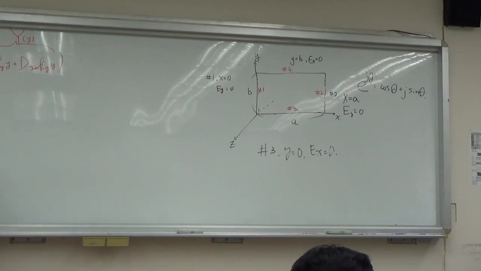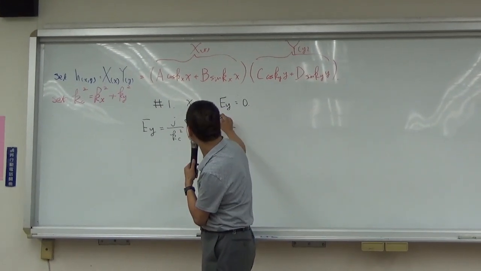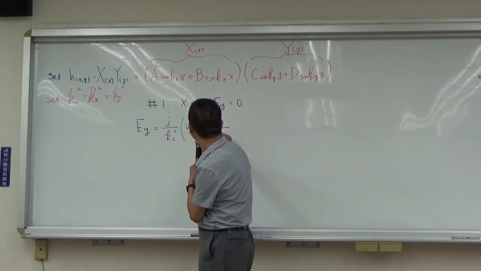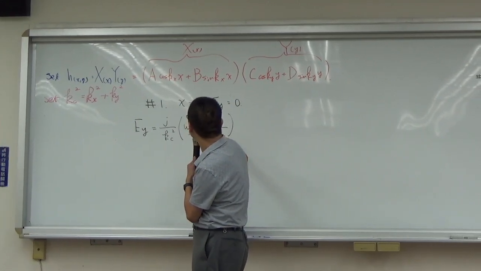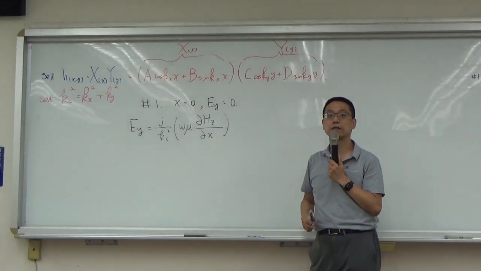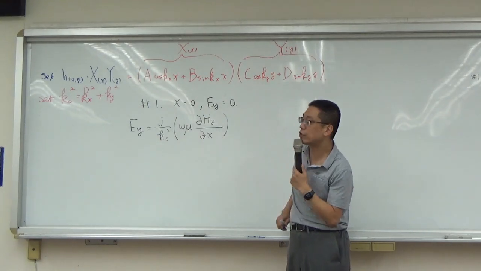Omega mu over HZ divided by x. Okay. And what is HZ?